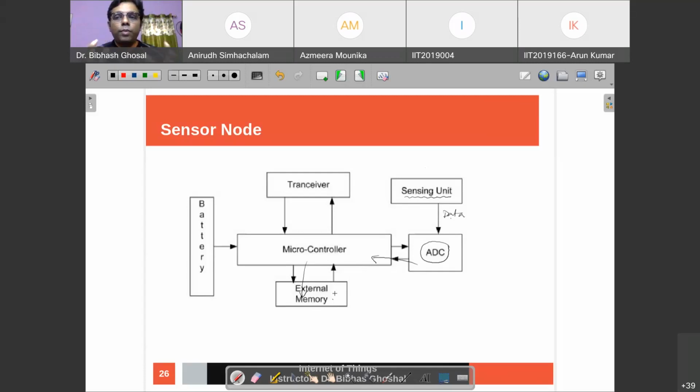Overall, if we group all these together, we call that a sensor node. So you have a sensing unit, an analog to digital converter, a computing unit, and memory that stores the data.